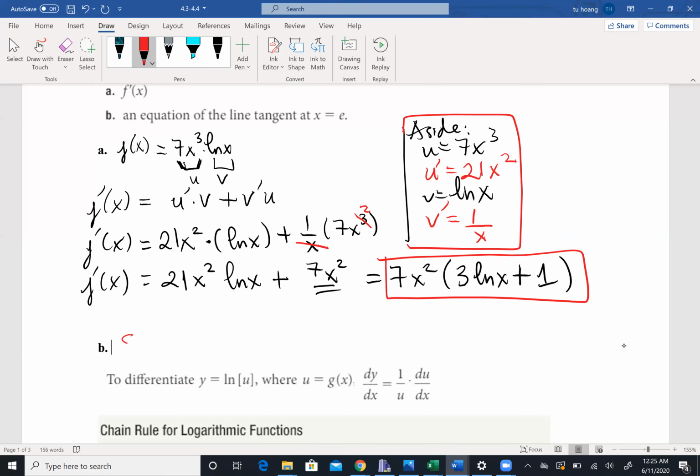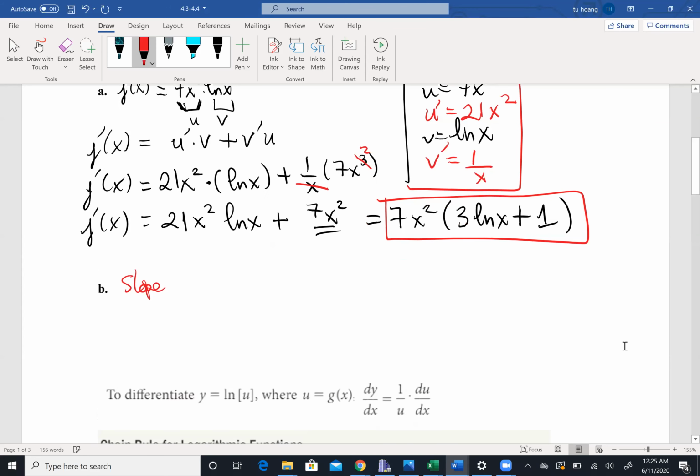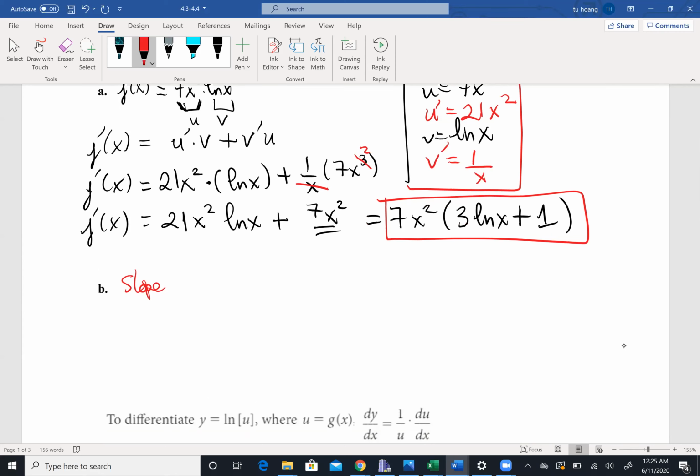So for the slope m, I am going to write it at x equal to e.